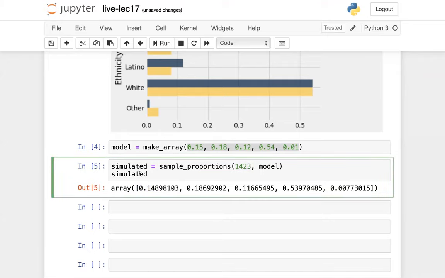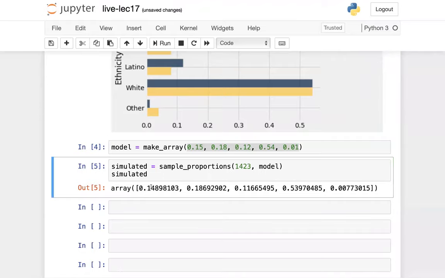So we created a sample of 1,423 people, and it turns out that 0.148 of them are Asian, 0.18 are Black, and so on. So it does all the work for us.